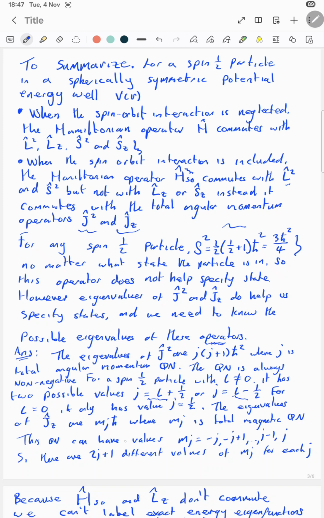For L equals 0, it only has the value J equals 1/2, and the eigenvalues of JZ are MJ times h bar, where MJ is the total magnetic quantum number. This can have values of MJ equals minus J, minus J plus 1, and so on, up to J minus 1, J. So there are 2J plus 1 different values of MJ for each J.